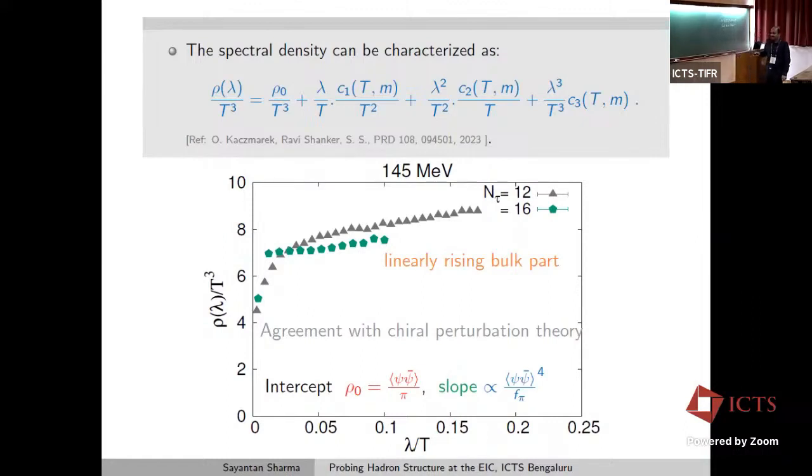And the intercept actually gives the chiral condensate, which we measure from this eigenvalue spectrum. And if we trust the chiral perturbation theory, then the slope is proportional to the 4th power of the chiral condensate. So this we also verify from our plot. We can fit the results, get the intercept and the slope, and we see a good agreement with the chiral perturbation theory predictions.